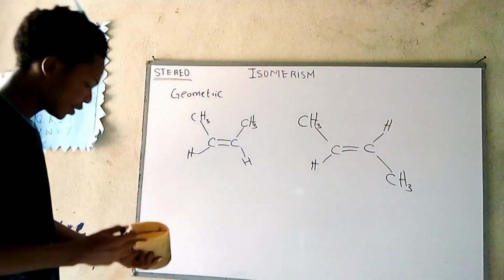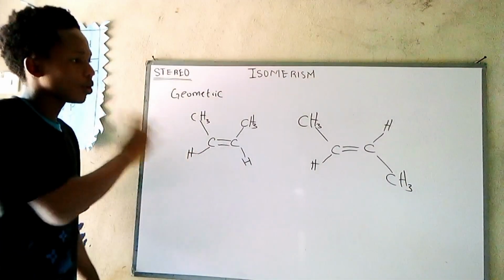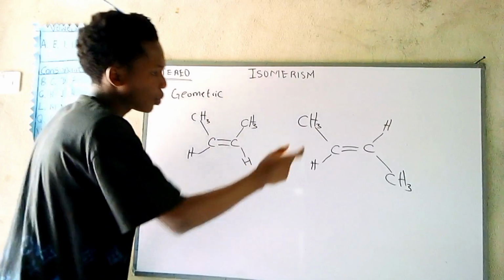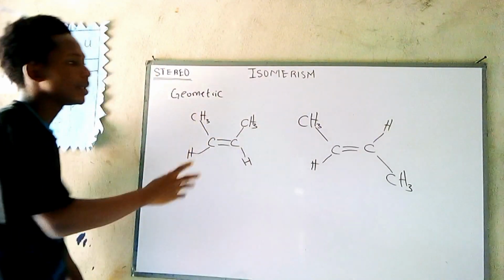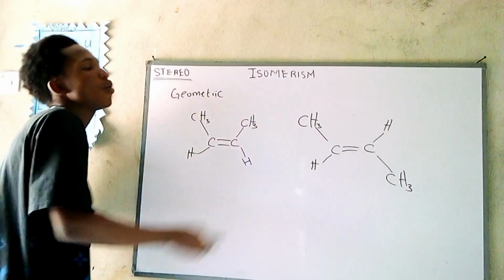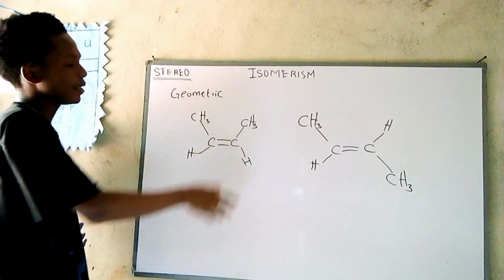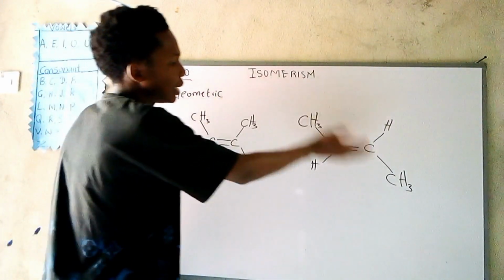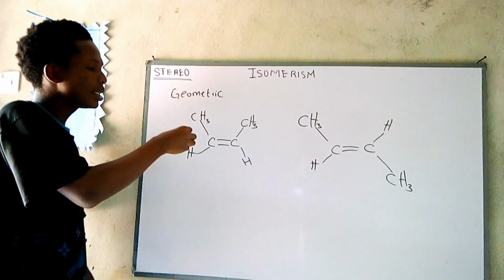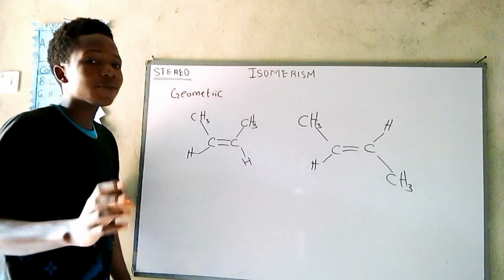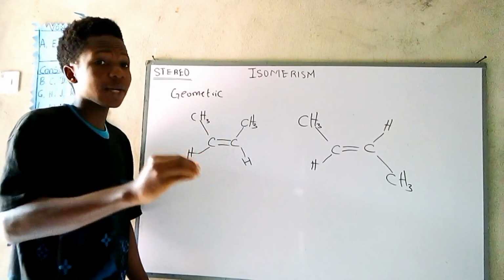From the look of things, you will think they are the same, but they are definitely not the same. Due to the presence of this double bond, these substituents can no longer change their position, which means they will remain like this even when we are naming it. This one can't change to this side, so definitely this is a different compound entirely. Since they are different, they have different physical properties because their structure is different.